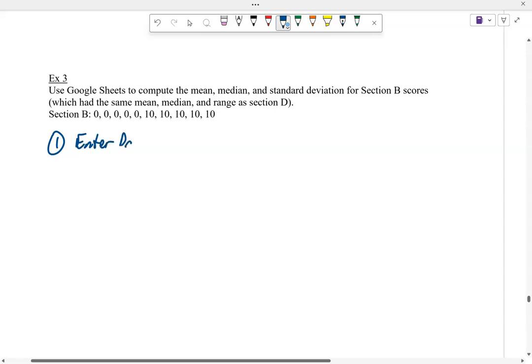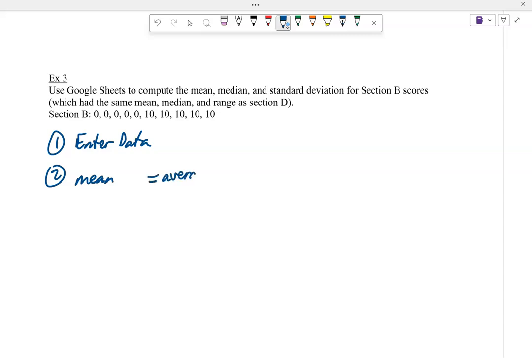To find the mean, you tell it to find the average, and then you tell it where the data is located. To find your median, the instructions are equal median, and then you tell it where to find the data.